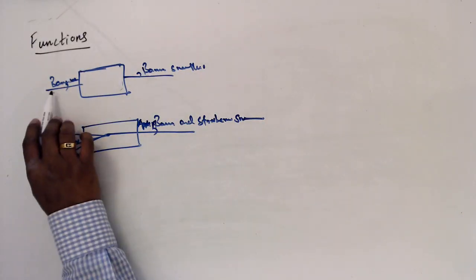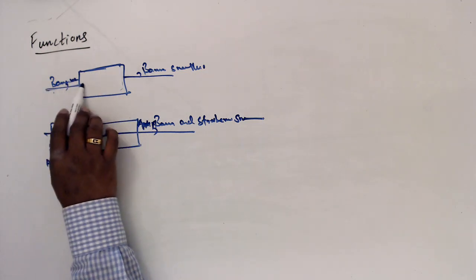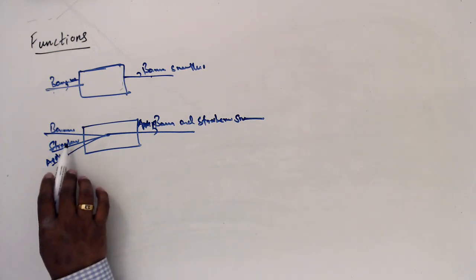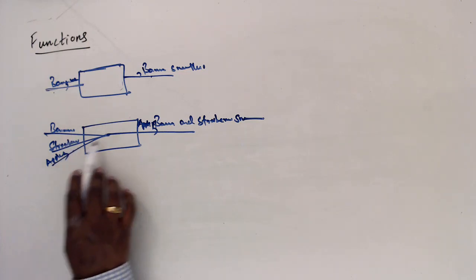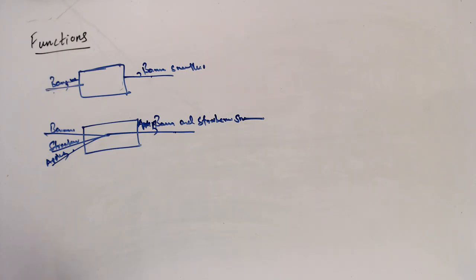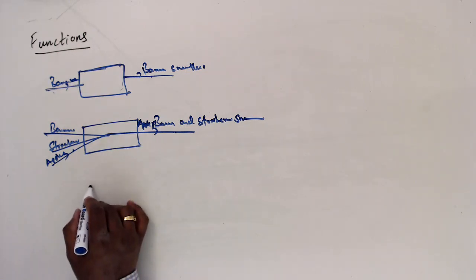So one type of machine is when we insert 1 input, we get 1 output. The second type is 2 or more inputs, 1 output. And this is not a machine.